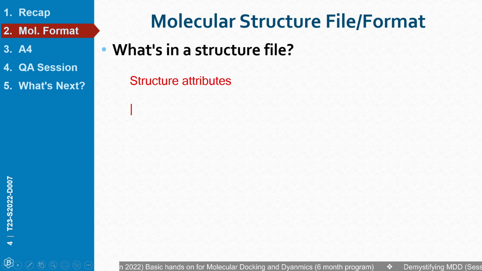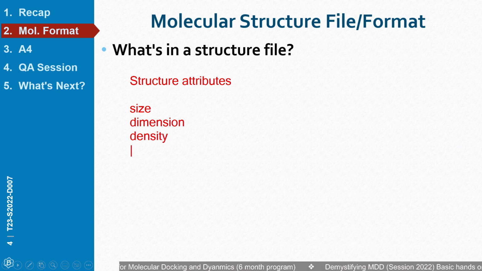Okay, so in a structure there could also be physical attributes, like the size of a structure, different dimensions, like what is its height, width, or its occupancies, and sometimes we need to get density of a structure, like how dense it is, and some other attributes could be like what's its composition.